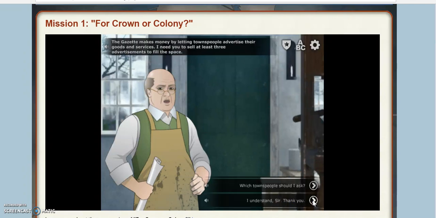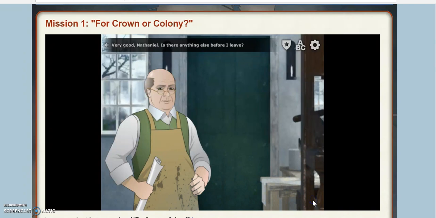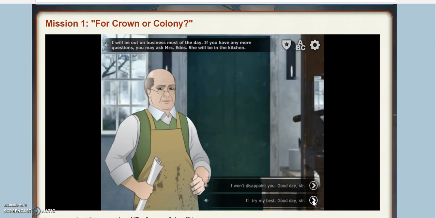The Gazette makes money by letting townspeople advertise their goods and services. I need you to sell at least 3 advertisements to fill the space. Very good, Nathaniel. Is there anything else before I leave? I will be out of business most of the day. If you have any more questions, you may ask Mrs. Eads. She will be in the kitchen.